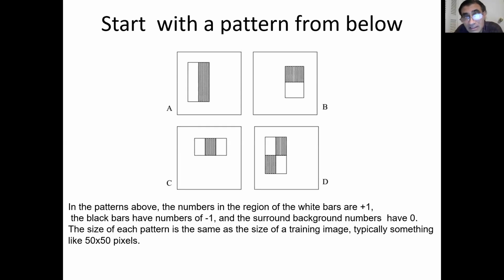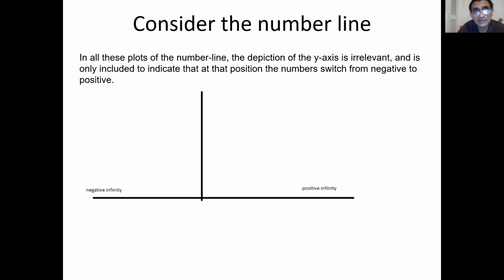Now, the total box size has to also be 50 by 50. Why does it have to be 50 by 50? It has to be the same size as my images, and my images are all 50 by 50, right? So now I will do the following. I will consider showing you a number line, and the number line goes from -infinity to +infinity.